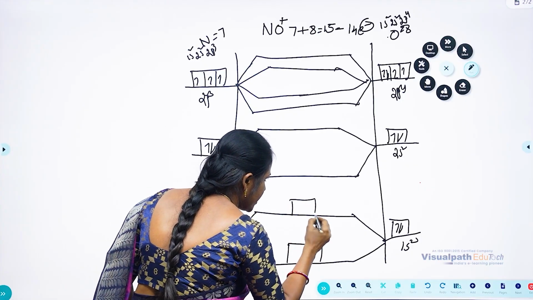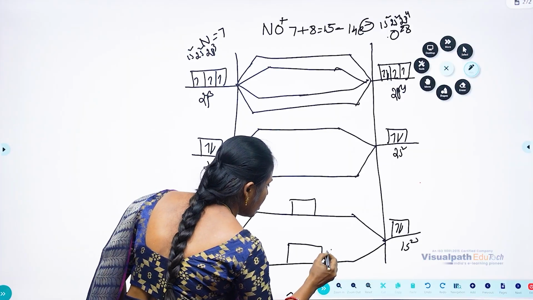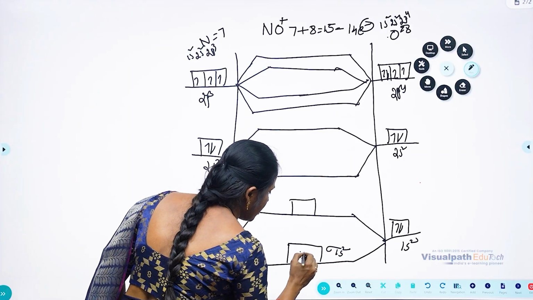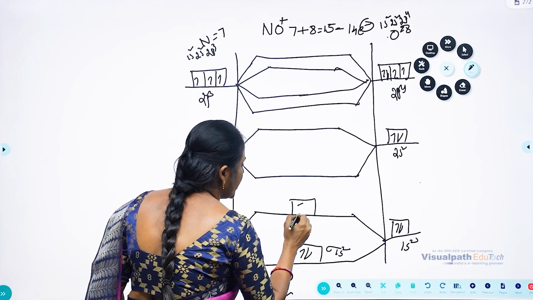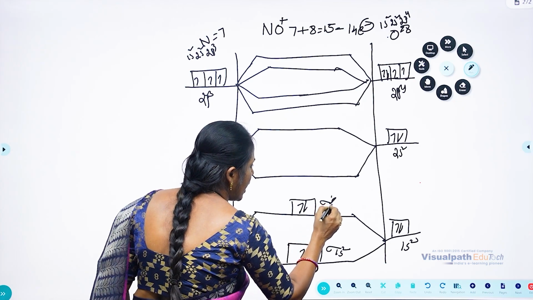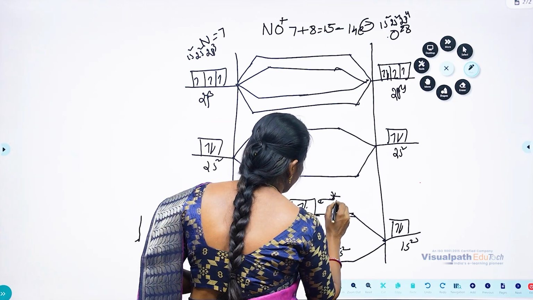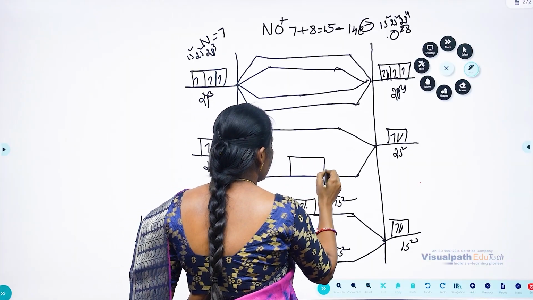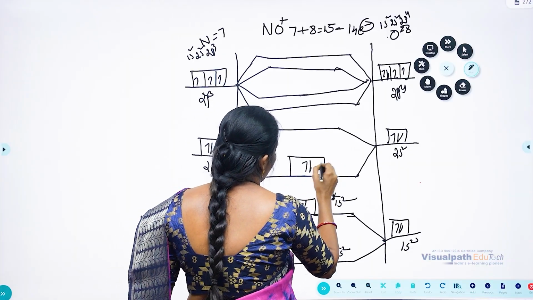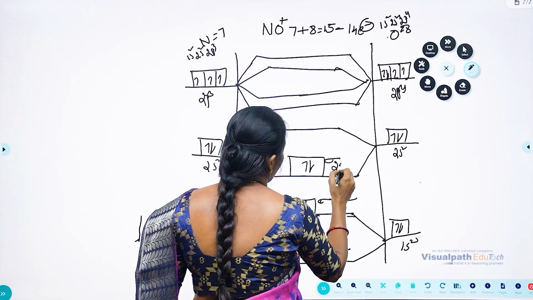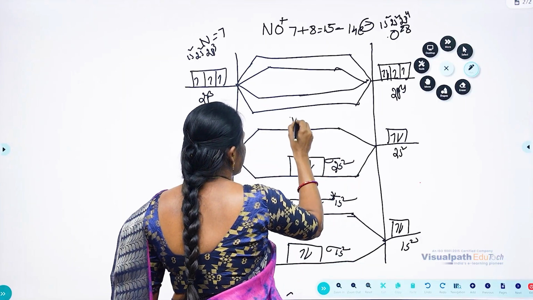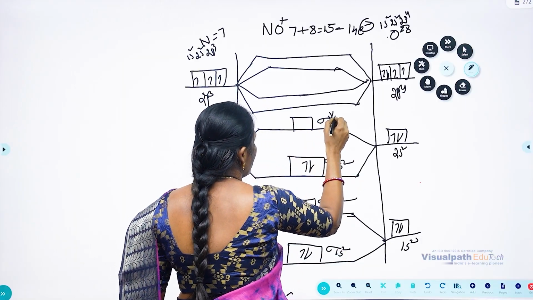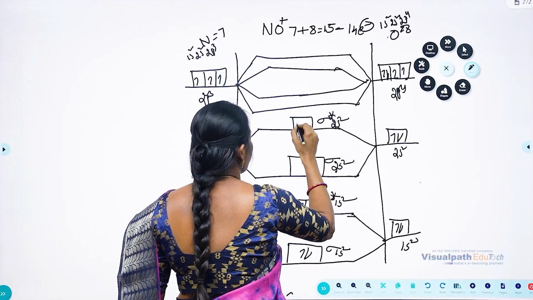First electrons enter into the bonding of the 1s, 2 electrons, and the remaining 2 electrons enter into the anti-bonding of the 1s2. Next electrons enter into the bonding of the 2s, and next into the anti-bonding of the 2s2.